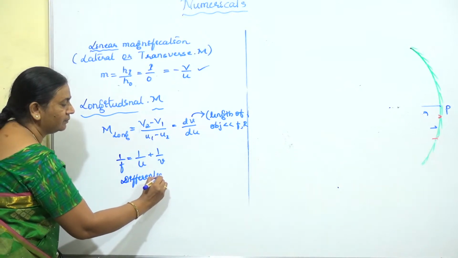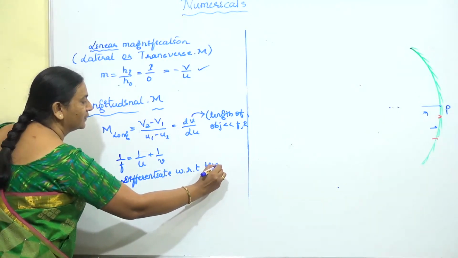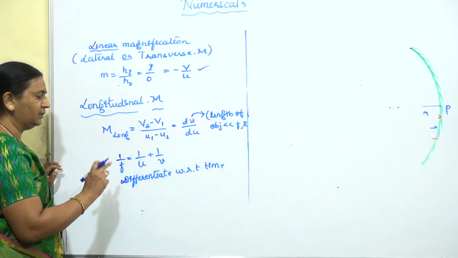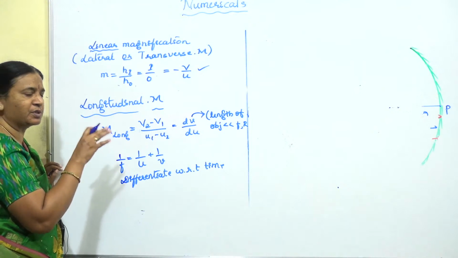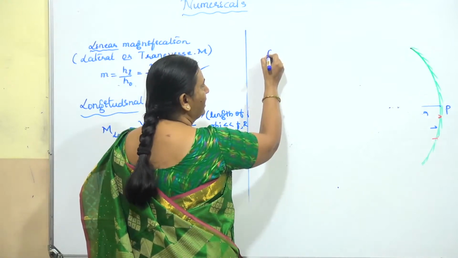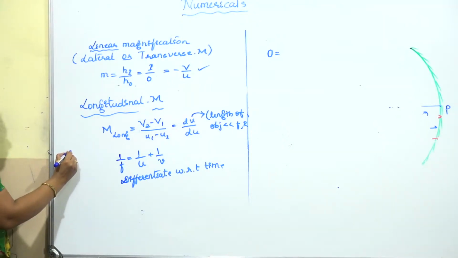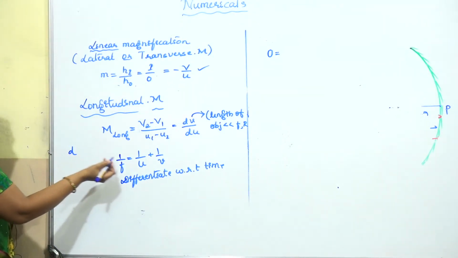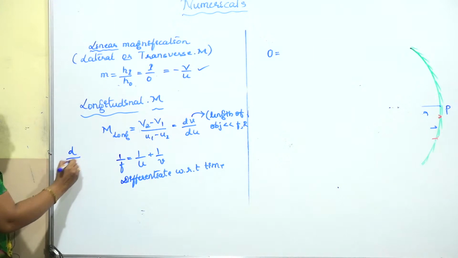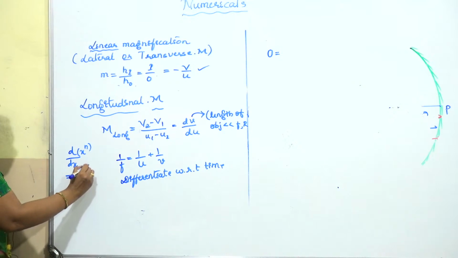So let us differentiate with respect to time. Since f is a constant, as you have learned many times in physics, df by dt is zero, so the LHS is zero. For the differentiation formula, I can take u to the power of minus 1. d by dx of x to the power n is n times x to the power n minus 1.